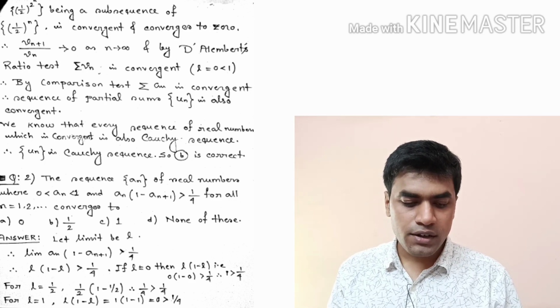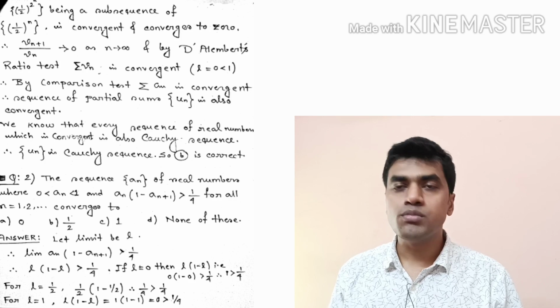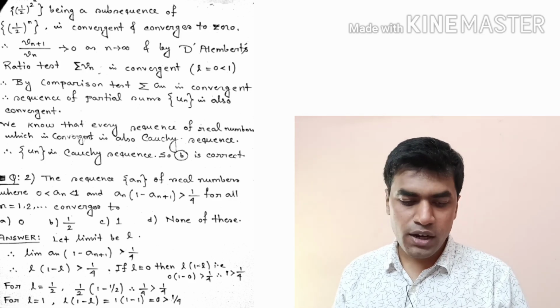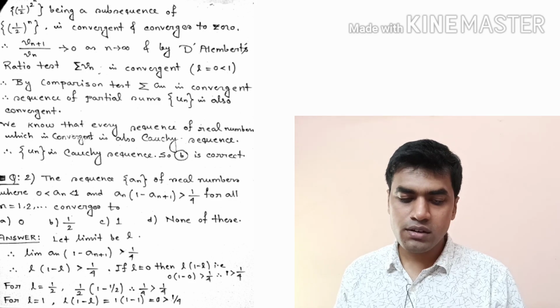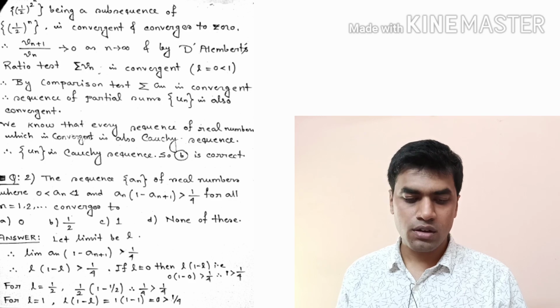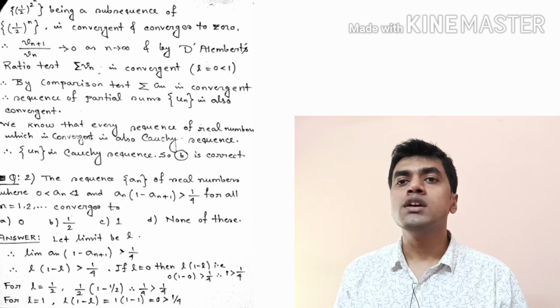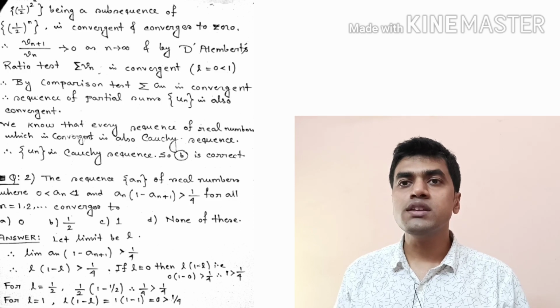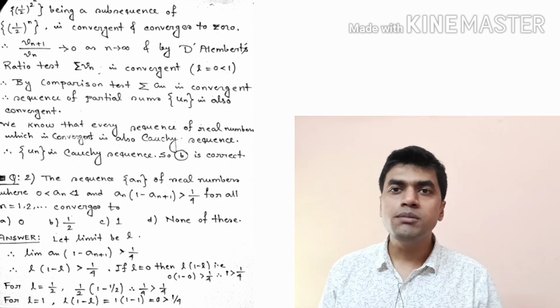Now we are taking limit on both sides, that is limit An(1 - A(n+1)) > 1/4. It is a formula where we know that if Un > k, then limit Un >= limit of k.